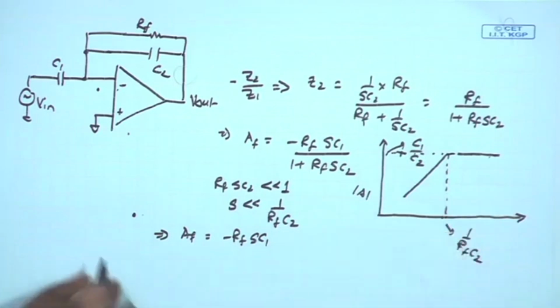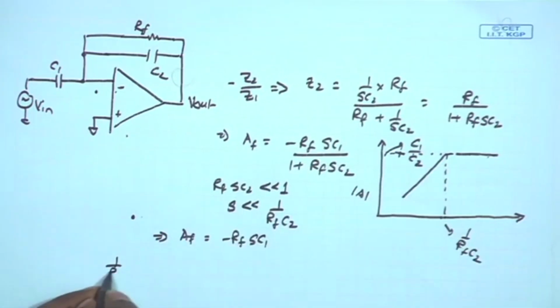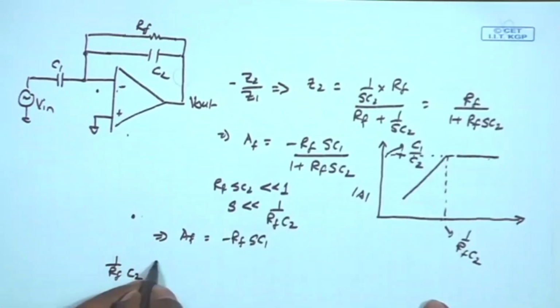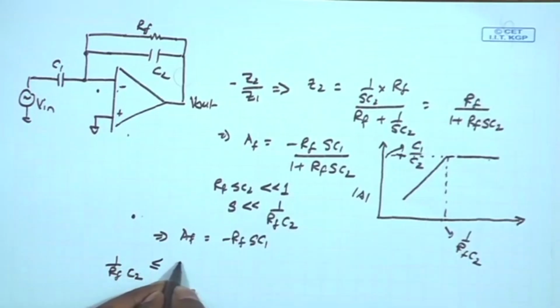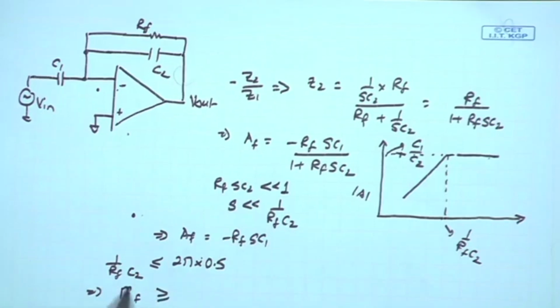So, I must make sure that 1 upon R_F C2 must be smaller than or equal to our minimum signal frequency, which we have said is 2 pi times 0.5 hertz, and that would imply that R_F must be greater than 1 upon 2 pi 0.5 times C2.